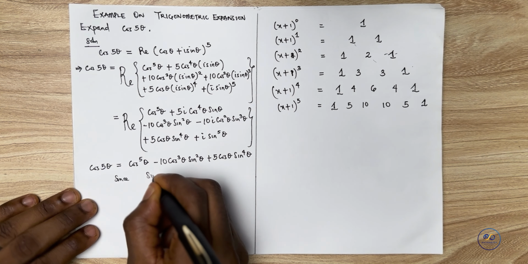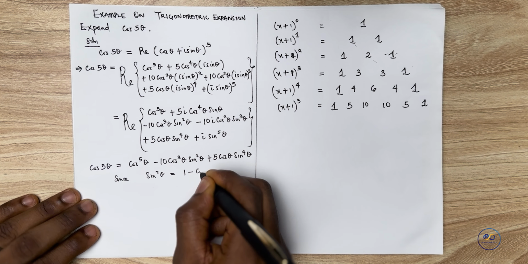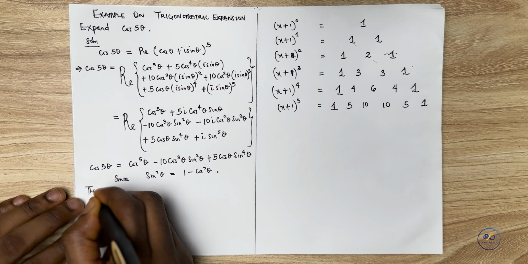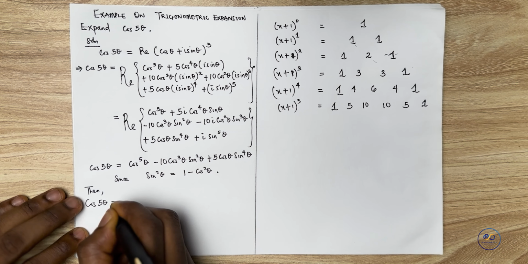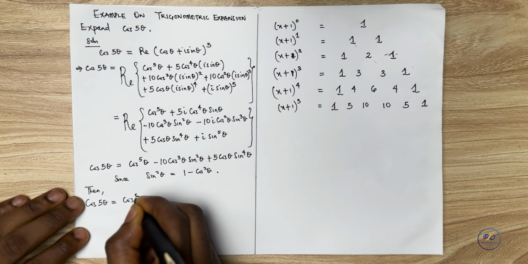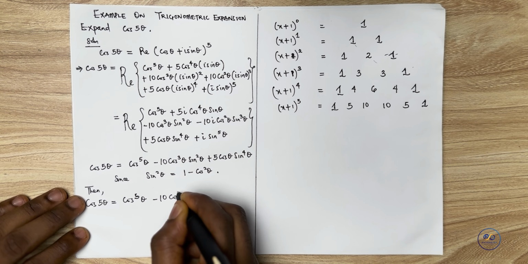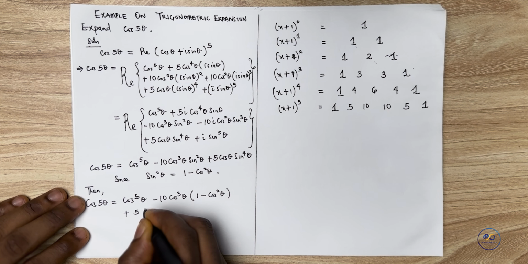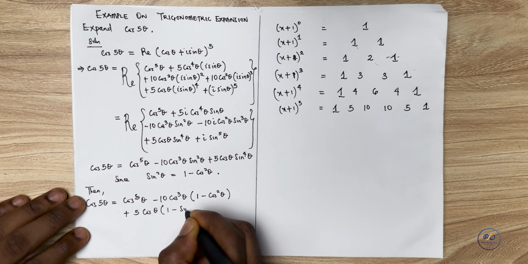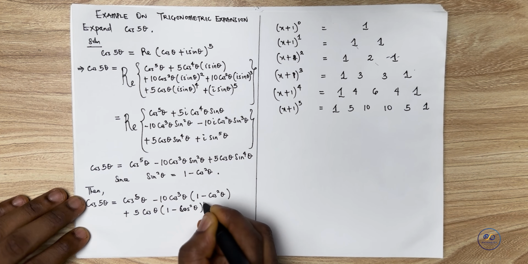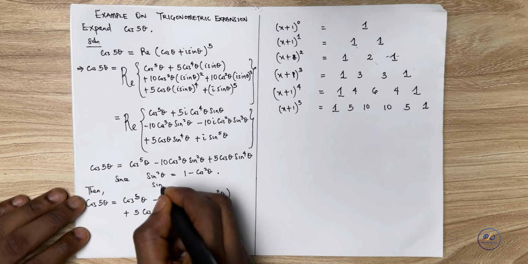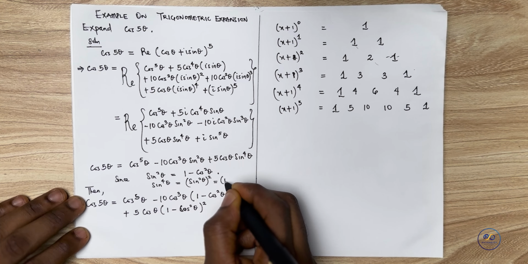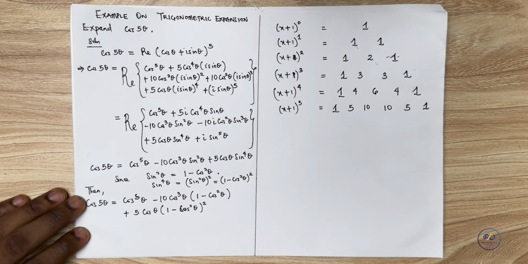Since we know that sine squared theta equals 1 minus cos squared theta, then it would mean immediately that cos 5 theta can be written as cos raised to the power of 5 theta minus 10 cos cube theta into 1 minus cos squared theta plus 5 cos theta into 1 minus cos squared theta all squared, because of course sine raised to the power of 4 theta is in fact sine squared theta all squared, which is in fact 1 minus cos squared theta all squared.